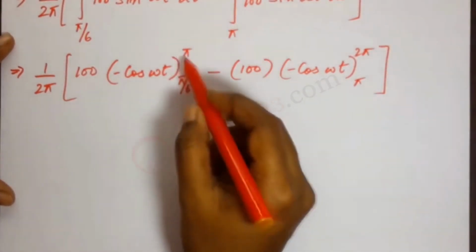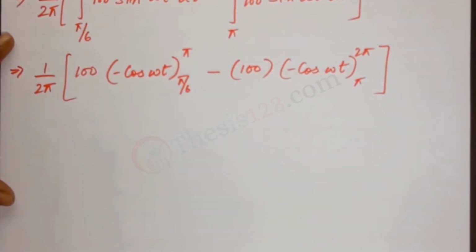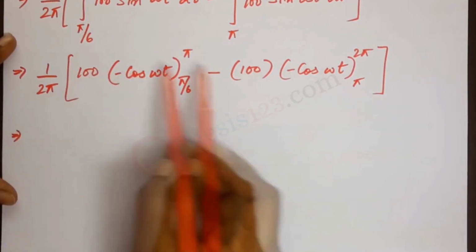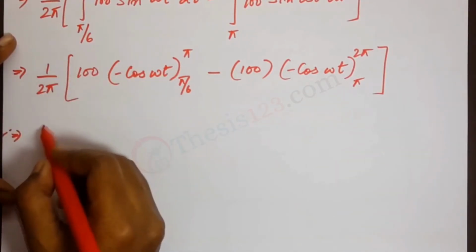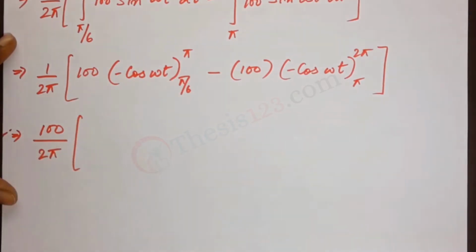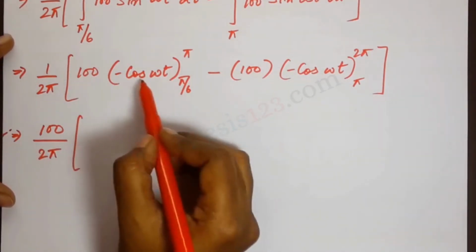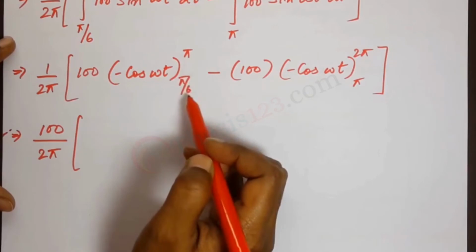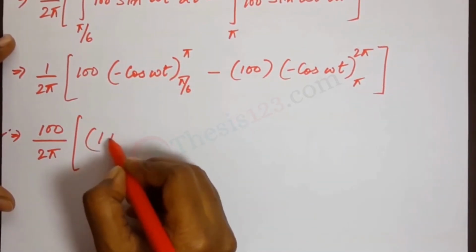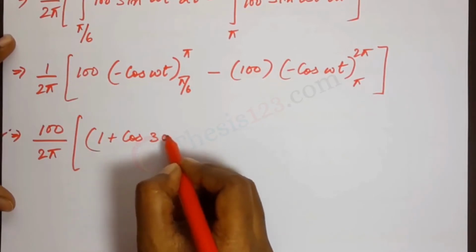Let's plug in the values of pi by 6 and pi, and here pi and 2 pi. We'll take 100 out common as well. So that's 100 divided by 2 pi into, now minus cos omega t, we have to substitute 30 degrees and pi. We will arrive at 1 plus cos 30.